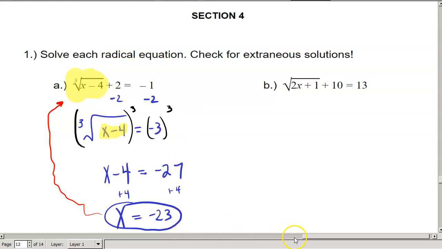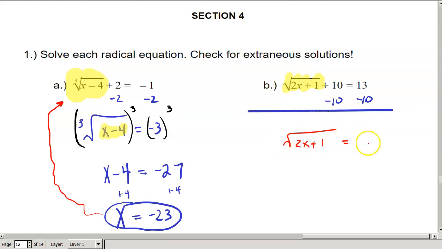Okay, part B. We're going to do the same thing. We're going to get the square root by itself, so we subtract 10 to start. I get the square root of 2x plus 1, and that equals 3.